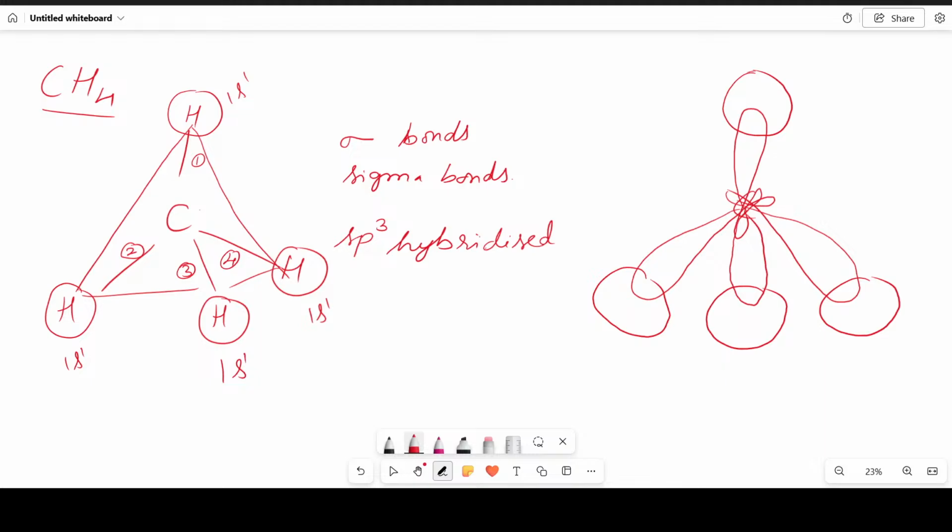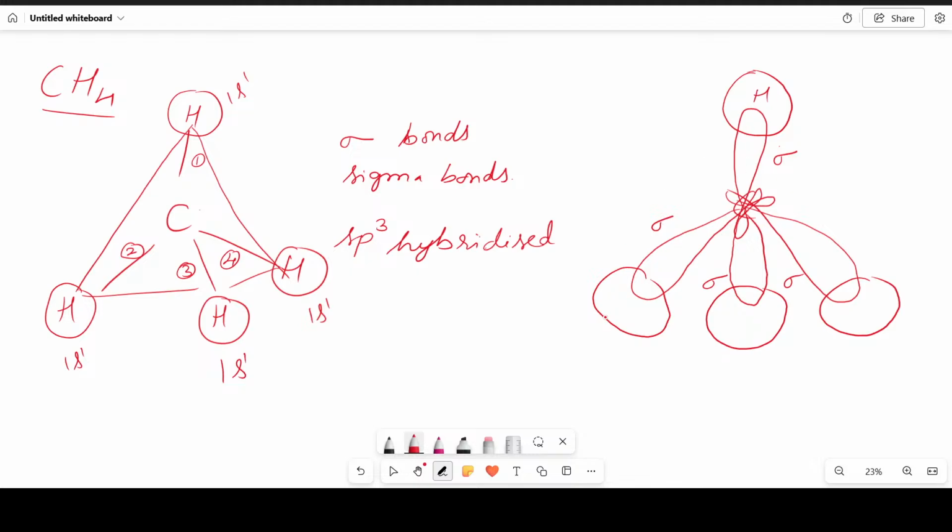Now, I said this carbon can neither lose nor gain electrons. So therefore, it can mutually share and form covalent bonds. How many covalent bonds? 4. And these bonds are sigma bonds.